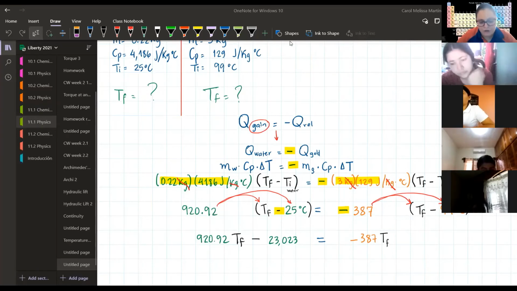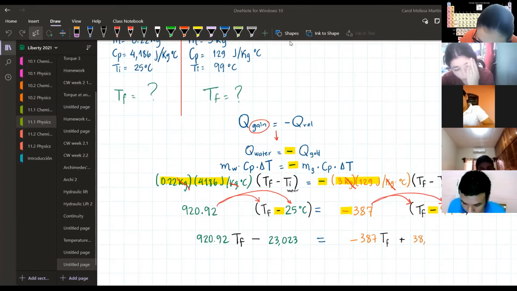And then 387 multiplied times 29 gives me, and take a look here. Remember, here you have the negative, and you are multiplying negative times negative. Here it's going to make a positive. Positive, the result is 38,313.